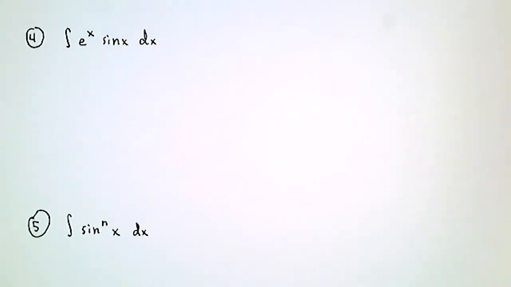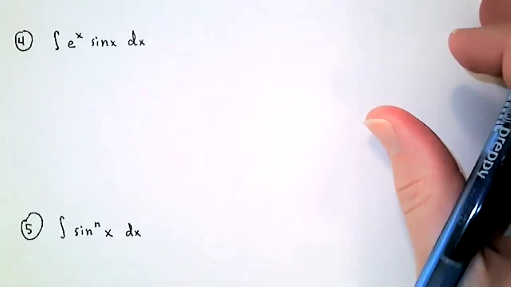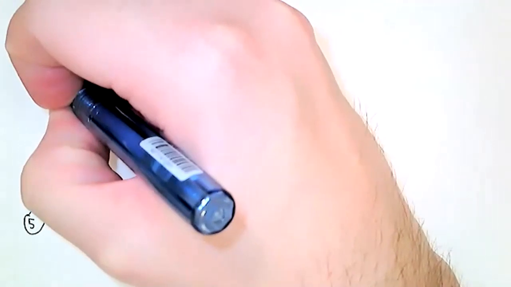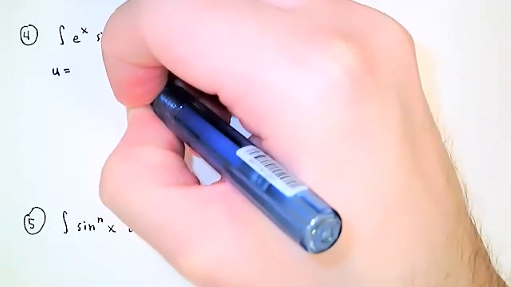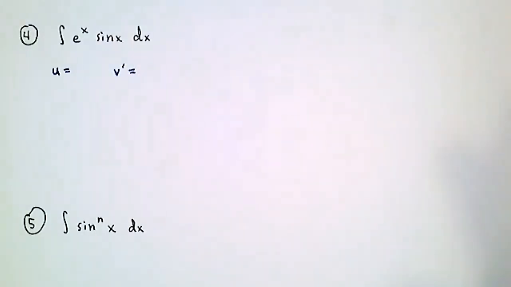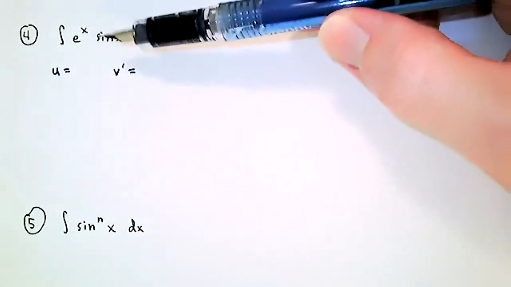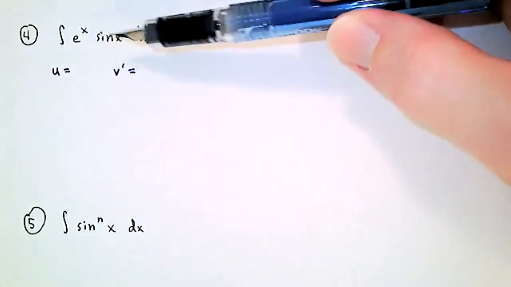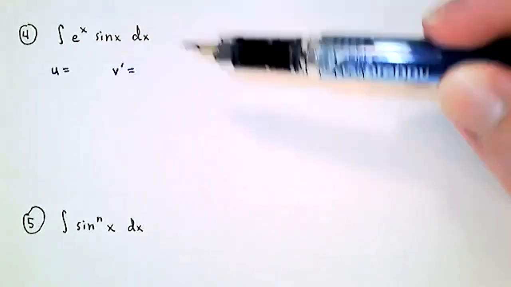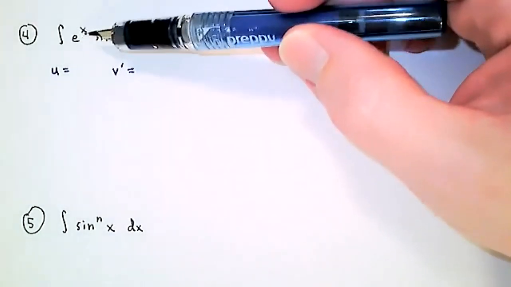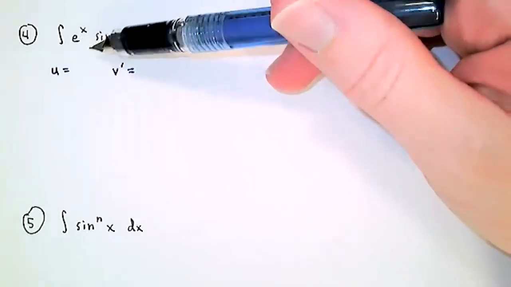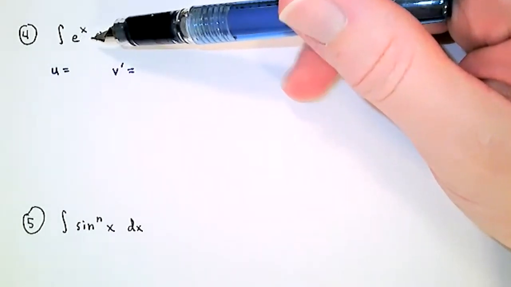So by now we have a little bit of practice, we know we have to pick u and v prime. And this one, it's a little bit tricky to pick u and v prime because my hints don't really help. The derivative of e to the x is e to the x. Its antiderivative is the same.